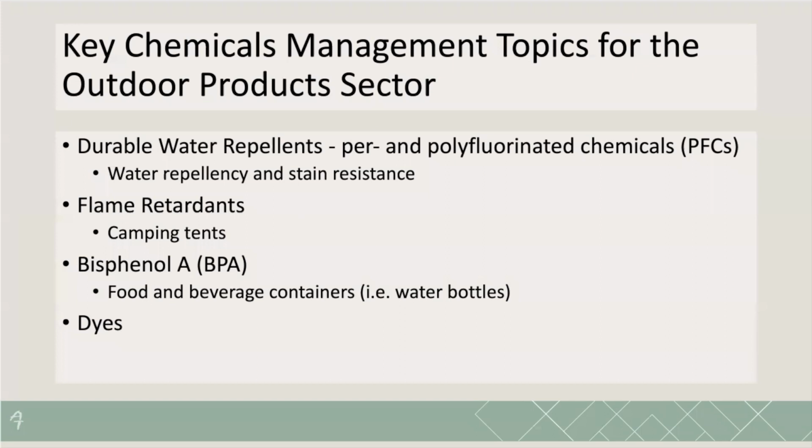So again, trying to eliminate the use of flame retardant chemistries and work with governments and policymakers to ensure they understand that where these things might be required, it might not actually make sense for certain product categories like camping tents.